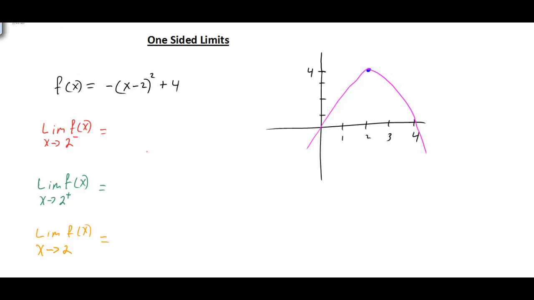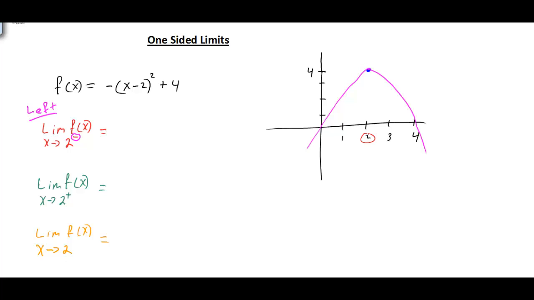And the first example is we want to look at what's the limit of this function as x approaches 2, but this little negative sign here in the exponent is telling us that we want to look at the limit as x approaches 2 from the left.